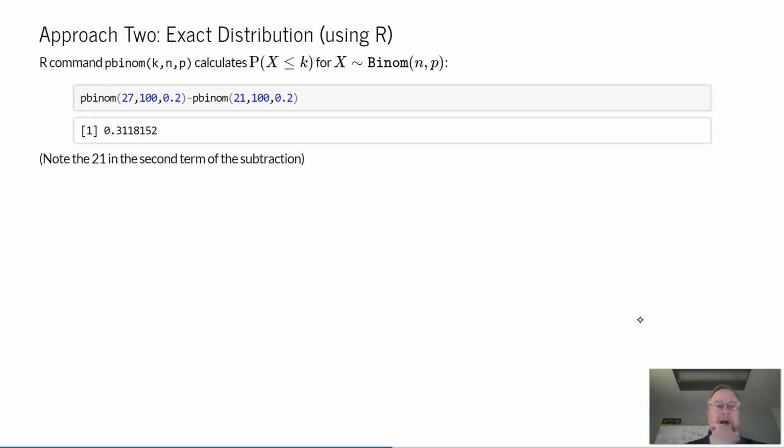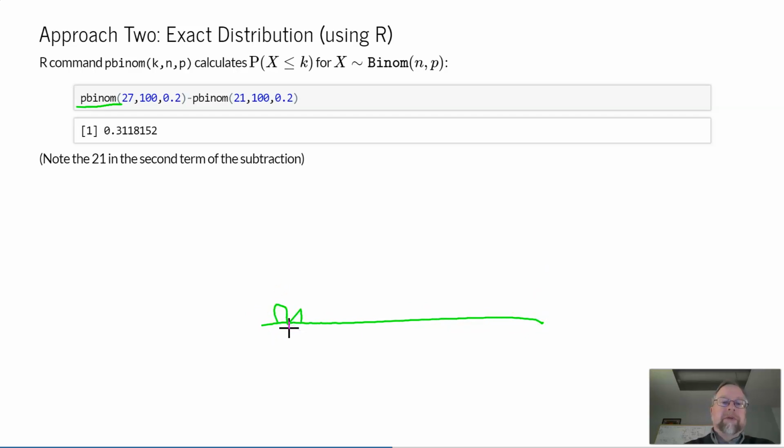Now, there's another way I can do this as well. There's another R command that's called pbinom. So pbinom gives me the lower tail area.